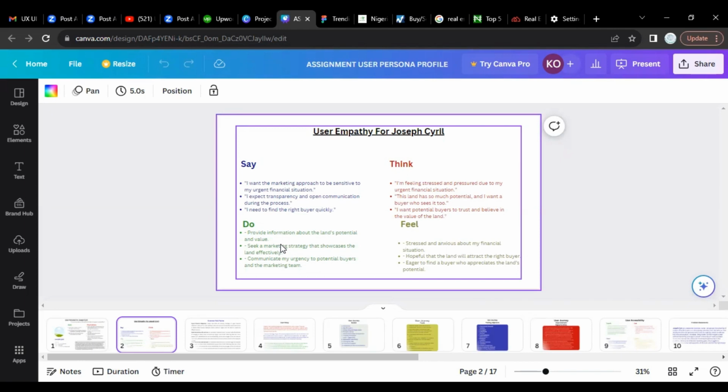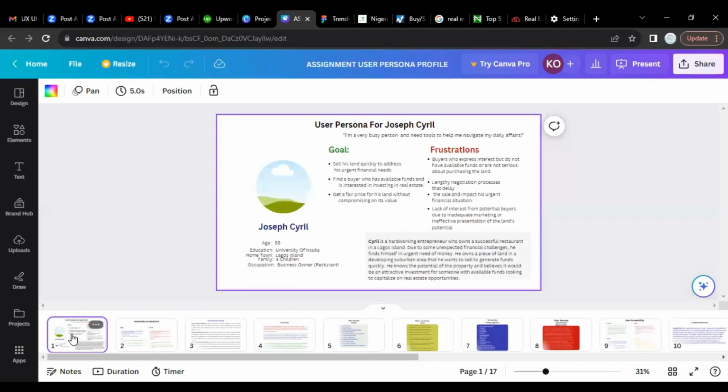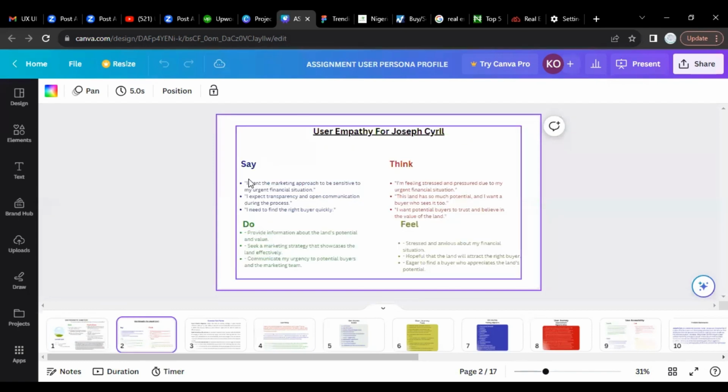This is how we plan to address the problem. We are trying to build a user persona for John, who needs urgent financial help. These are the things we know he wishes to do and the barrier he's facing, and we also provide a way to deal with it.